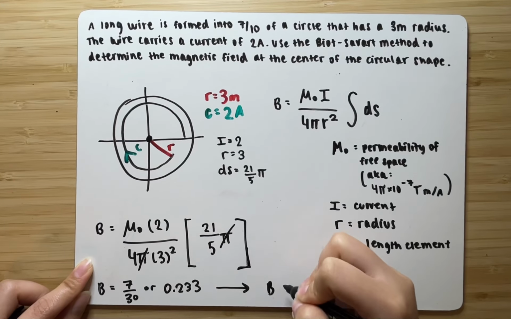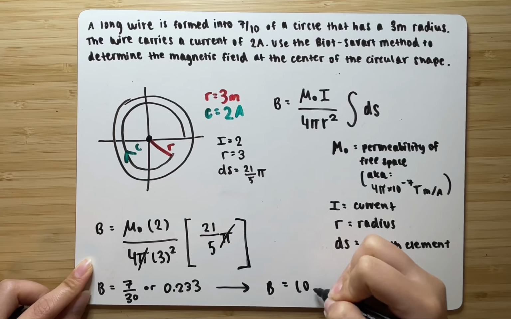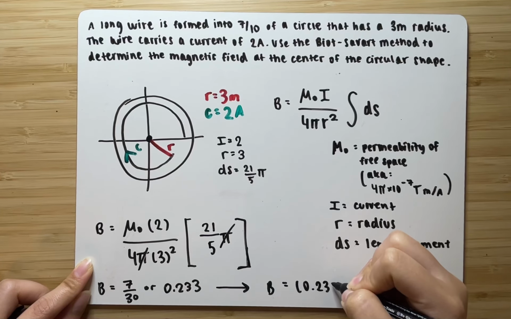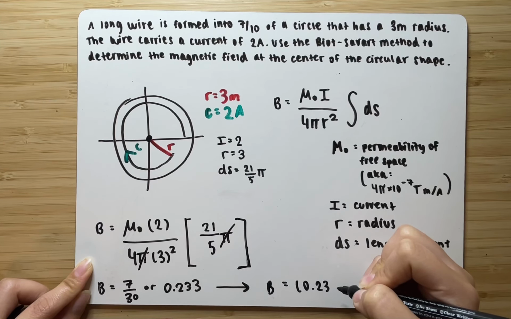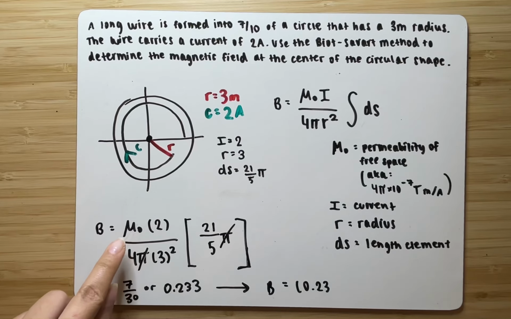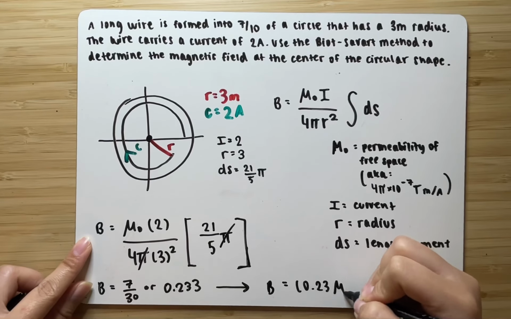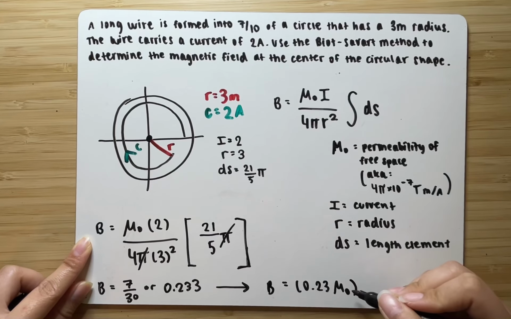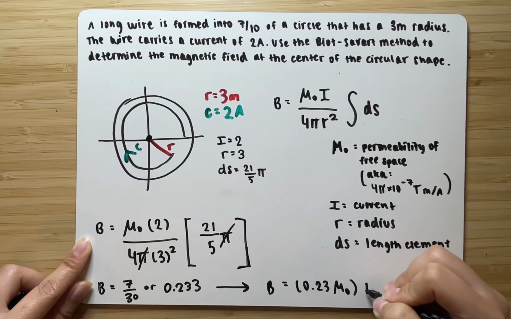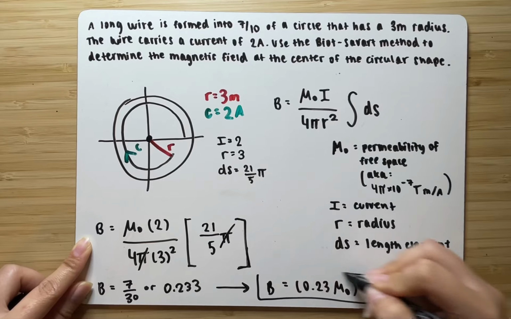So B, magnetic field, is going to be equal to 0.23. Yeah, let's stick with 2 decimals, 0.23. Remember that you set the mu naught aside, so you need to include the mu naught in here, okay? And this is your magnetic field. Units will be in Tesla. And here is your answer.